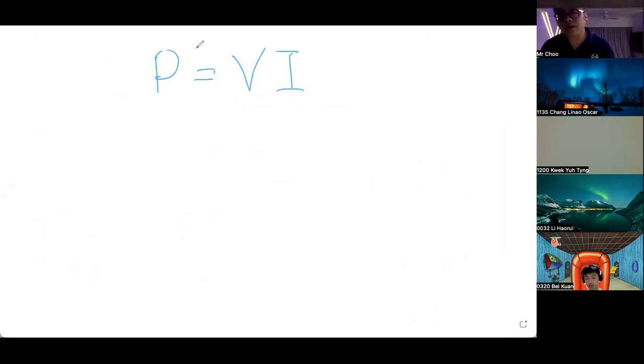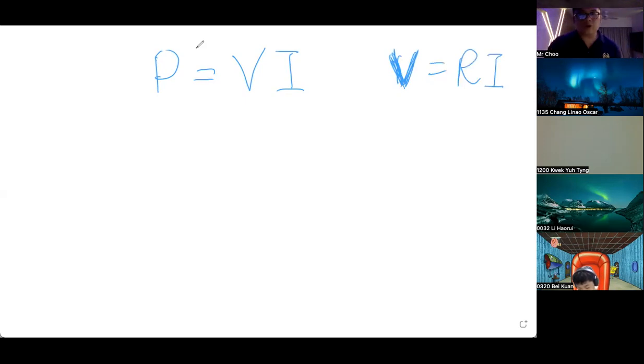You will learn this in 2 chapters later under practical electricity. In this topic you have also learned another formula, V equal to RI. You remember this?